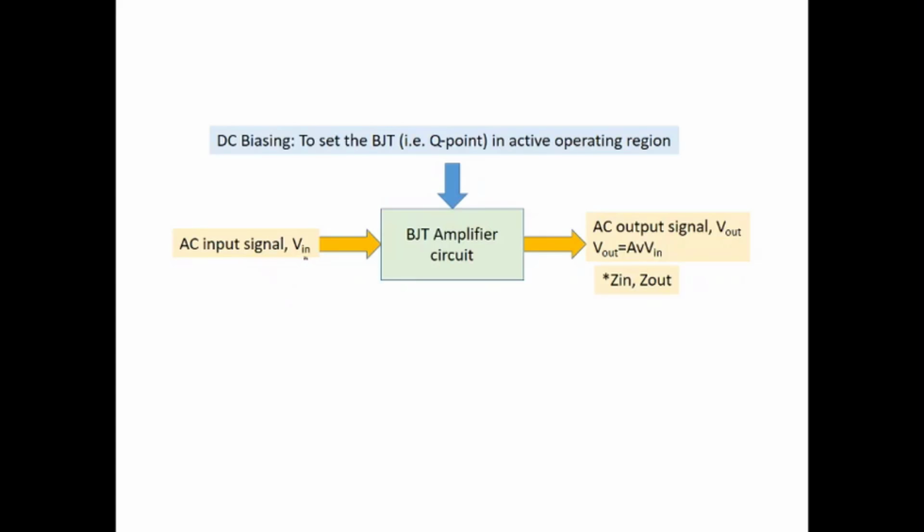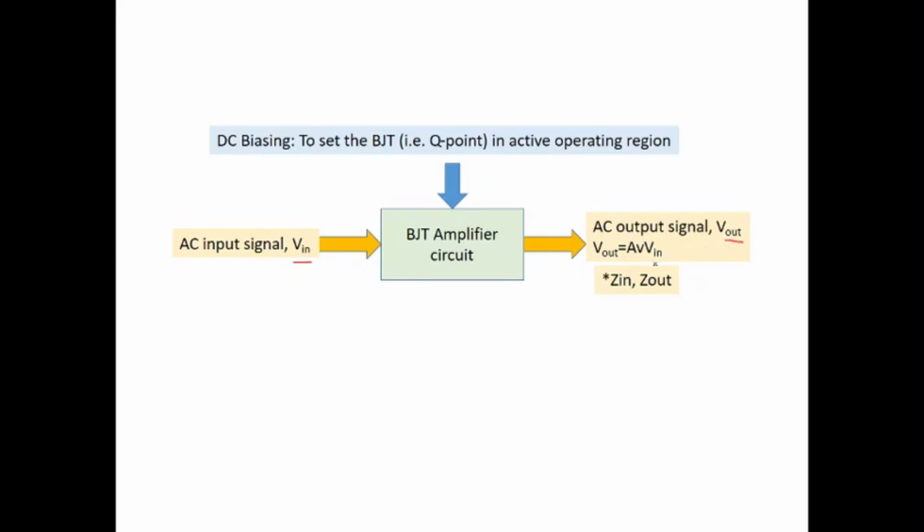Here it is denoted as V in. This is the AC input signal. And then at the output of the amplifier, there will also be an AC output signal, denoted as V out.